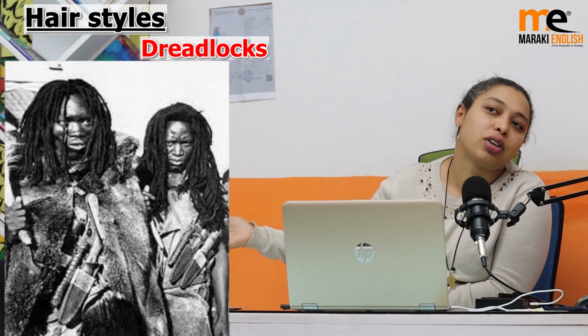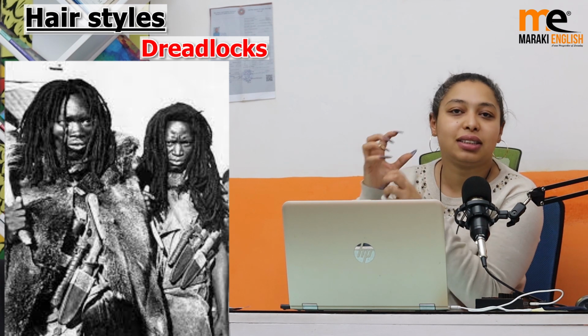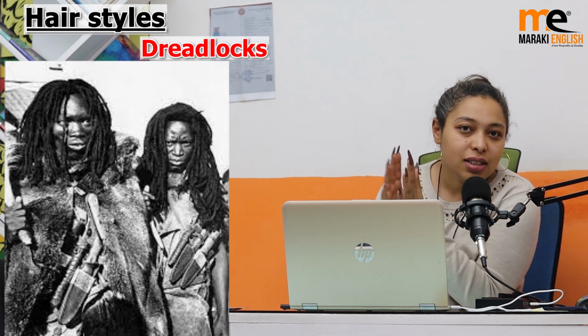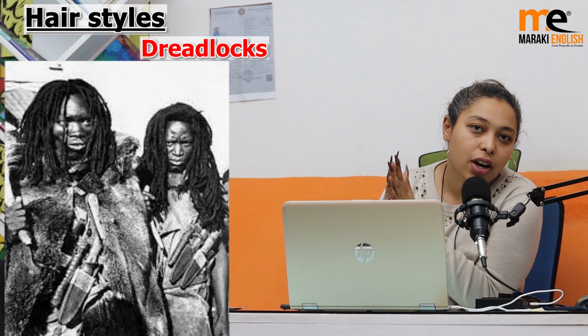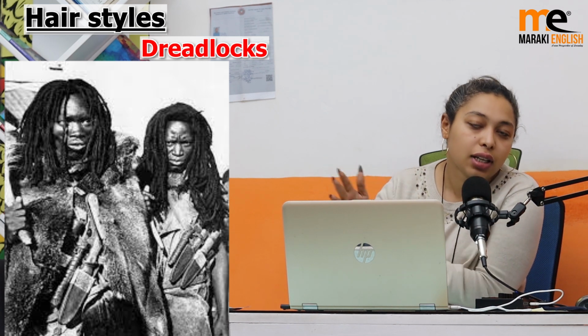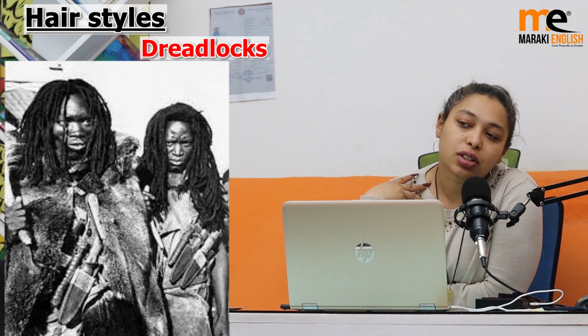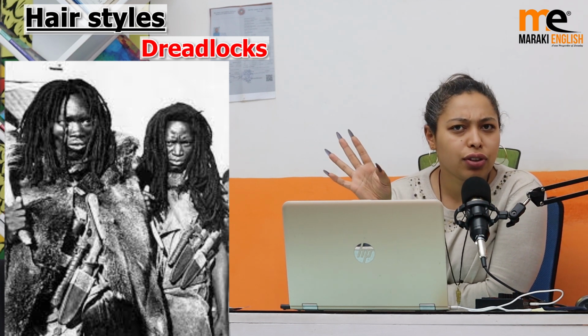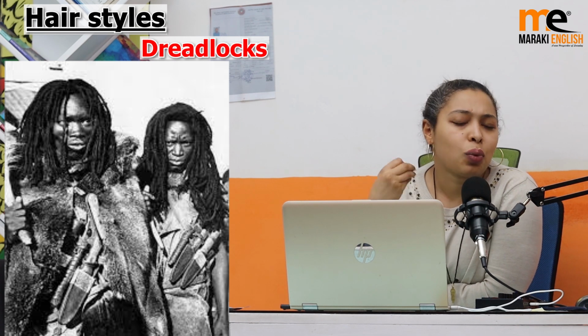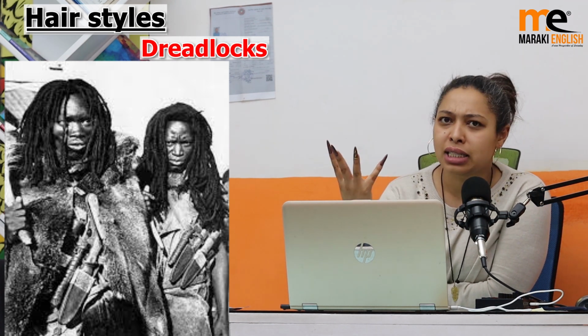Matted means a bunch of hair that is tangled and not easy to comb. It's just hair that is stuck together, basically. The British colonizers felt that was the most dreadful thing they'd ever seen. Dreadful is unpleasant to see or upsetting to look at. So they thought the hair of the Kenyan warriors was dreadful.